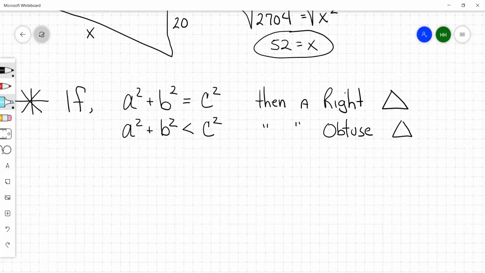If the sum of the squares of the two shortest sides is less than the square of the longest side, the triangle is obtuse. And if a squared plus b squared is greater than c squared, then we've got an acute triangle.